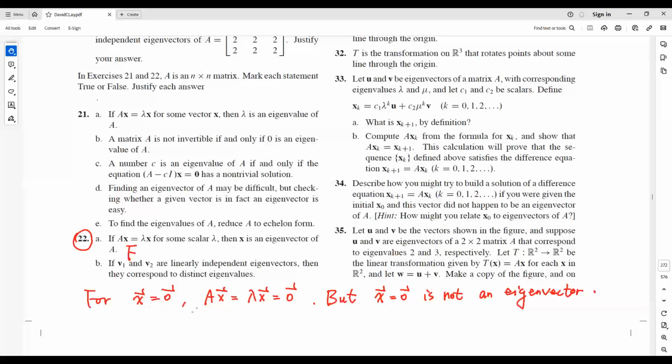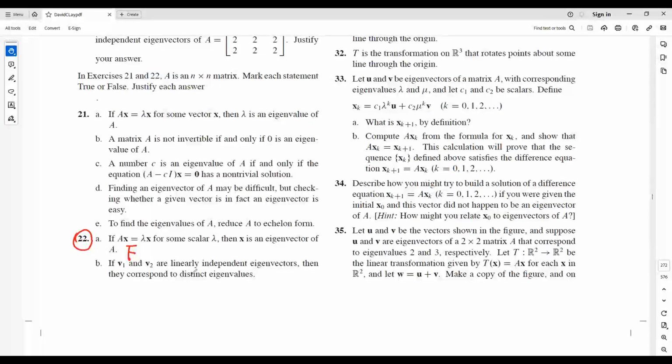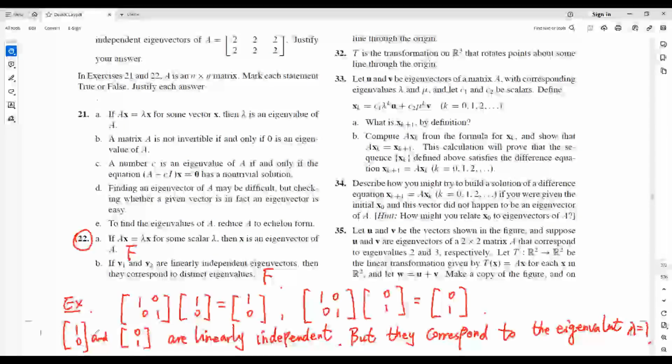For x equals 0, Ax equals 0, but x equals 0 is not an eigenvector of A. B. If v1 and v2 are linearly independent eigenvectors, then they correspond to distinct eigenvalues. False. For example, these two vectors are linearly independent, but they correspond to the same eigenvalue, lambda equals 1.